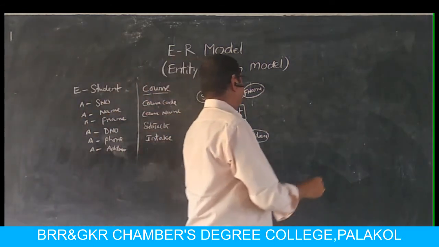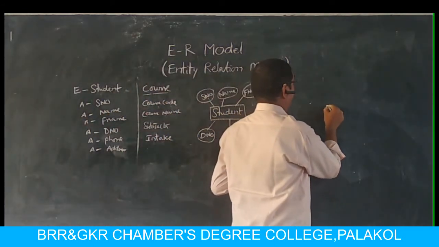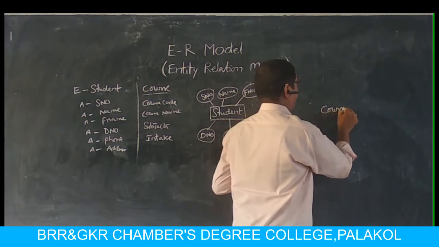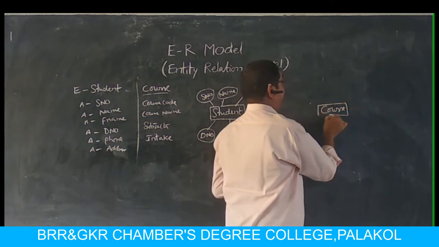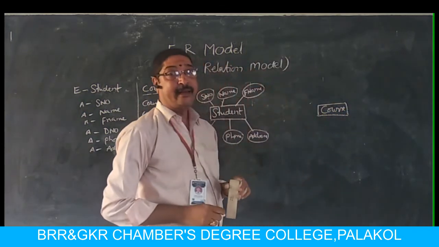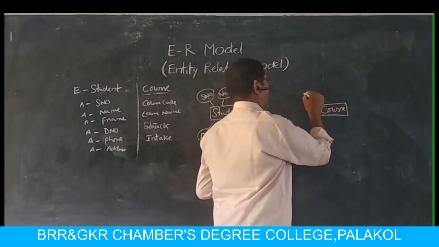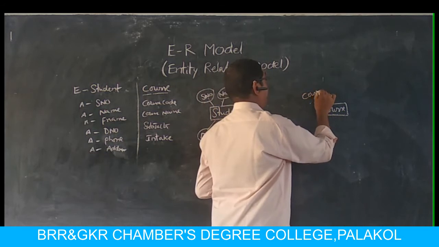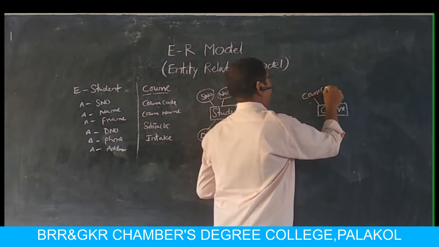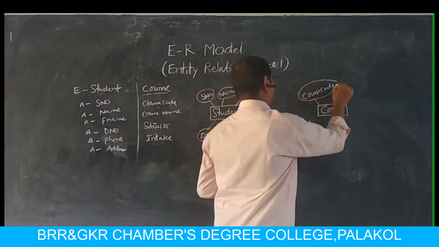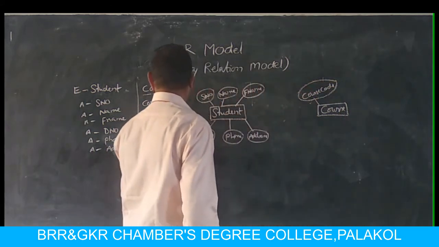And another one is we have course. This is entity. So keep it in rectangle and write its attributes. Course code, that is one attribute.